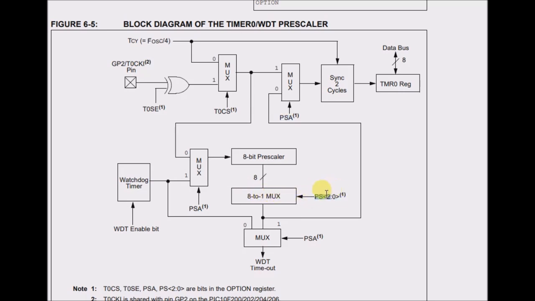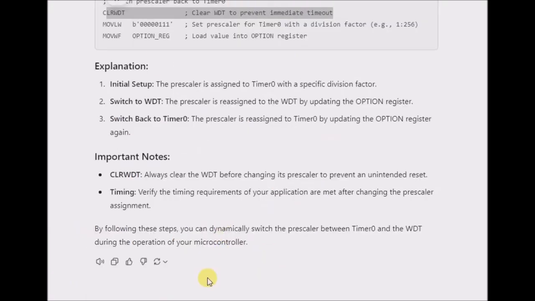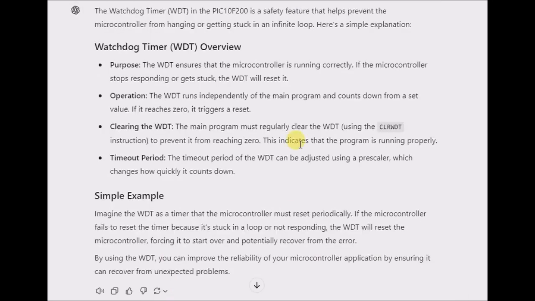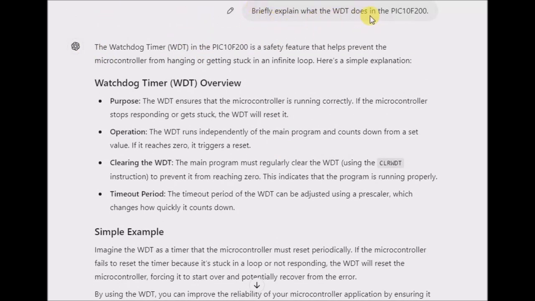It's got the prescaler WDT out. Well, having said that, maybe I should ask ChatGPT to briefly explain what the watchdog timer does. Then I don't have to read the data sheet on that. Alright, that's manageable to read. Briefly explain what the WDT does.